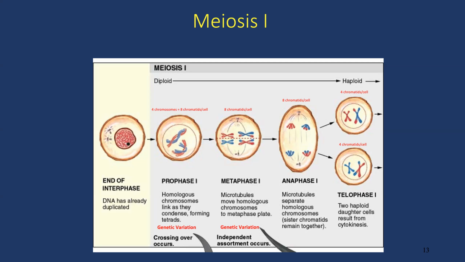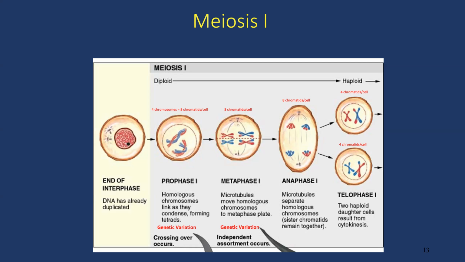So then the cell starts to divide and it enters prophase. And prophase is one of the most critical points in cell division because that's where genetic variation is introduced. And it always is. In every meiotic division, you get genetic variation here due to crossing over.